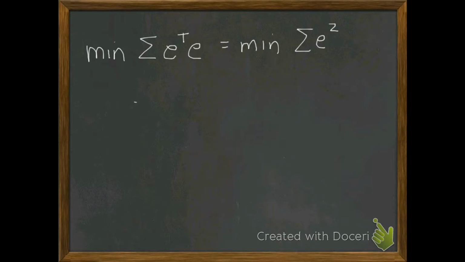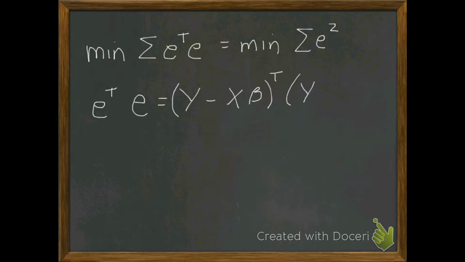So essentially, guys, when we have E equals y minus xb, we're going to multiply this side times its transpose.